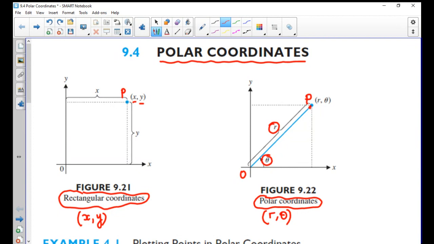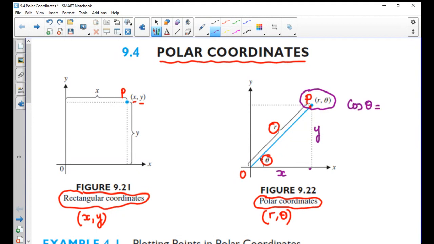Now, x, y, r, and theta are connected. There is a connection between them. The connection is like this. Suppose you take a point P here. Of course this side will be x, and this side will be y. Now, what is cosine theta?